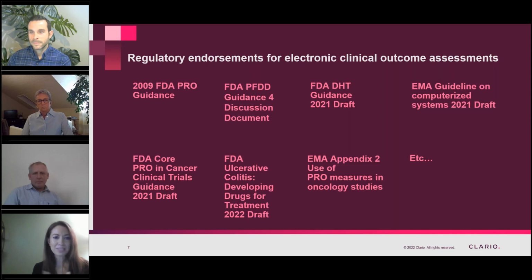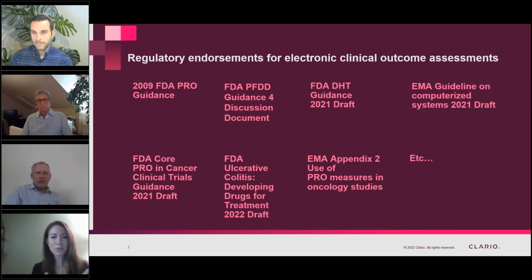So these are four distinct guidance documents that recommend methods for understanding what is important to patients, and then how to incorporate what you found there and what's important to patients, and develop and modify COAs that are fit for purpose for your trial.